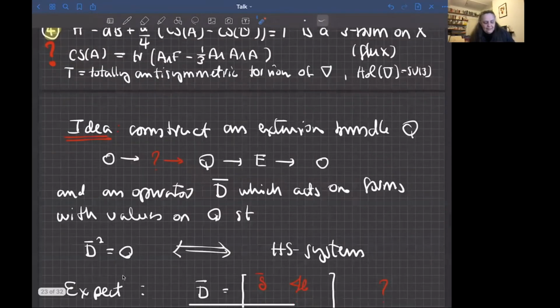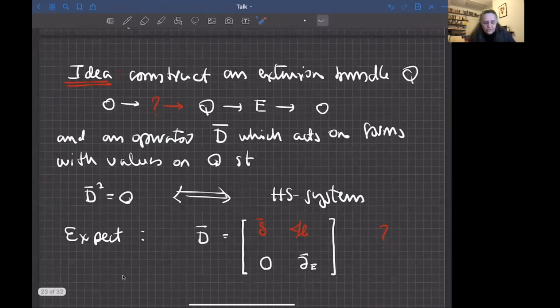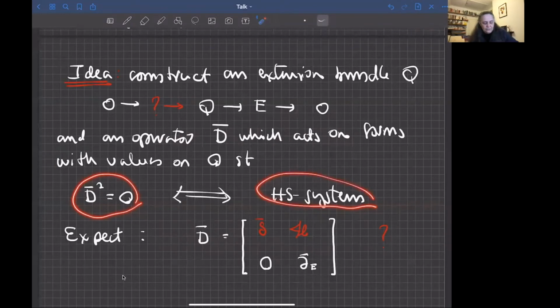So the idea, as you can guess now, is to construct an extension bundle Q, an extension of this bundle E that we had before, by something, right? And an operator, d bar, which acts on forms with values in Q, such that the nilpotency of the operator gives you the whole Strominger system, right?